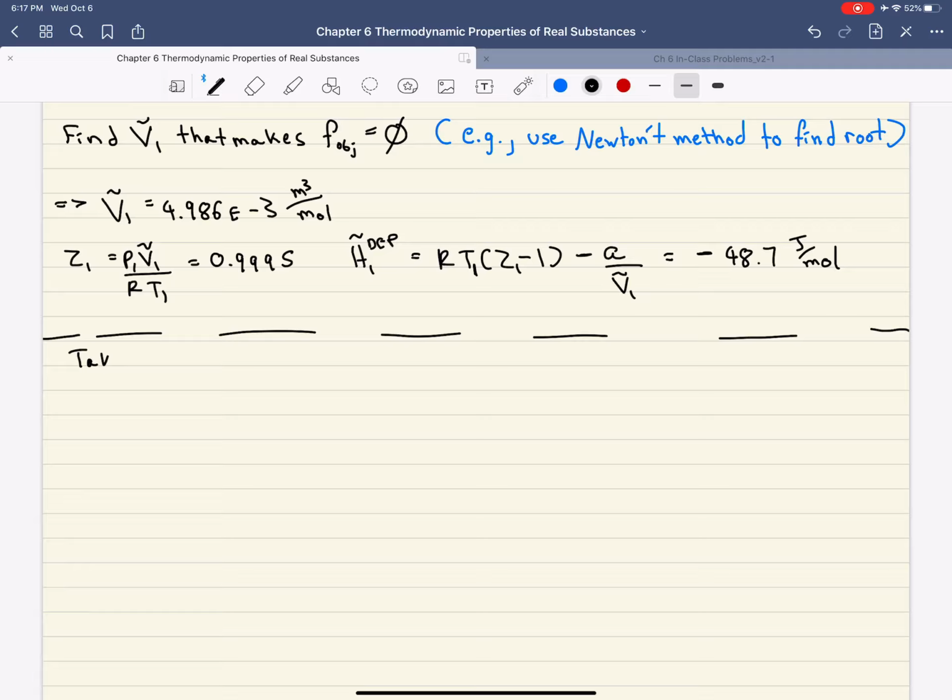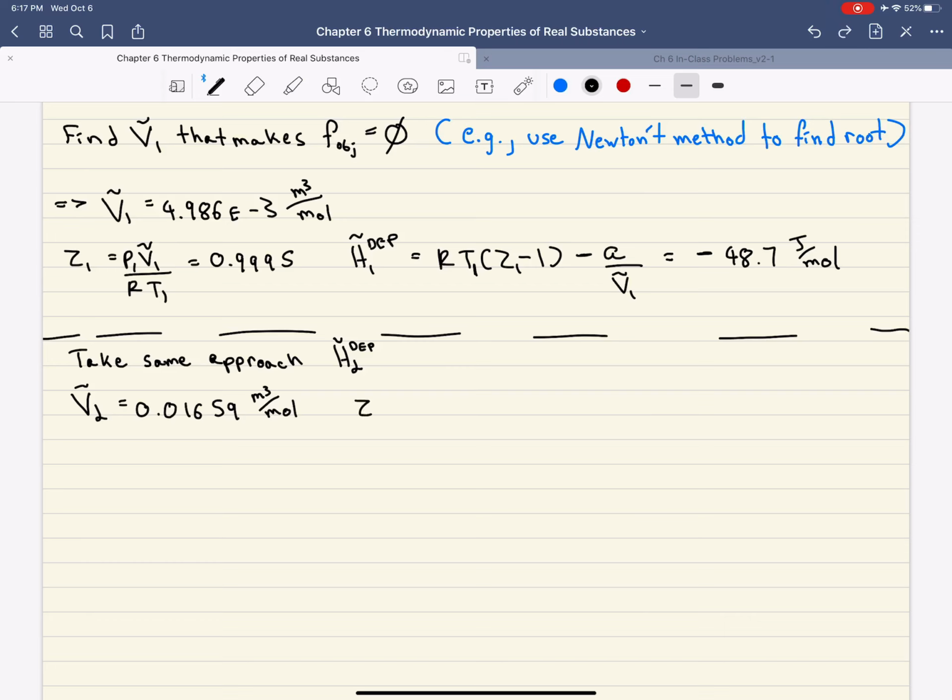To find it for H2, it's the same exact approach. H2 departure. Root find in order to find V2. You can see the value now is a bit larger than V1.